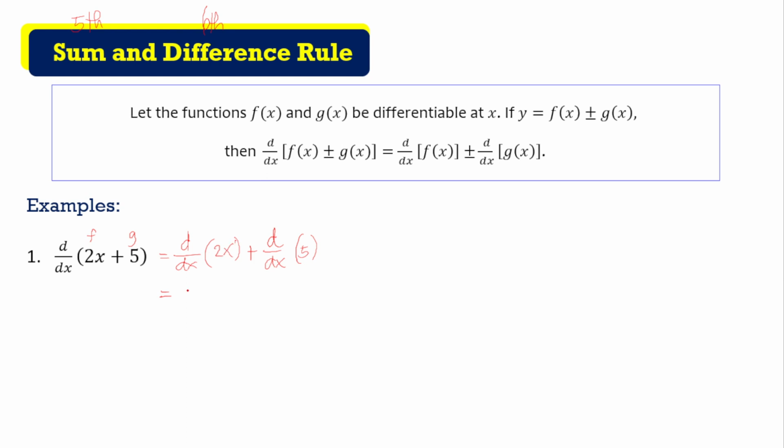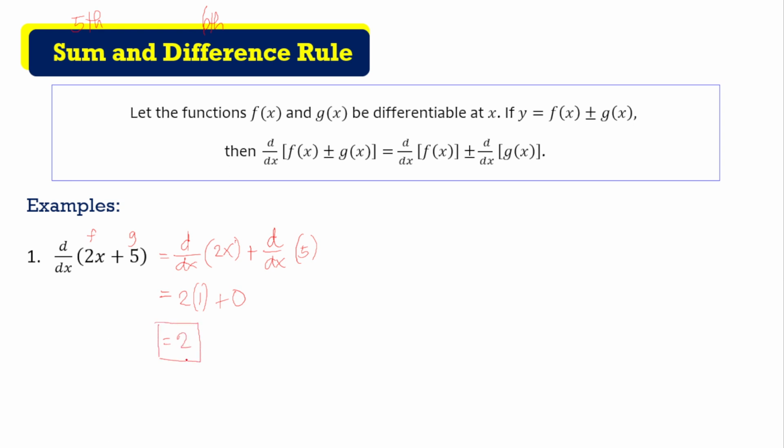So 1 times 2 is just 2. Then x raised to 1 minus 1 becomes x raised to 0, and x raised to 0 is simply 1. Plus the derivative of a constant is 0. Therefore 2 times 1 is 2, plus 0 is just 2.